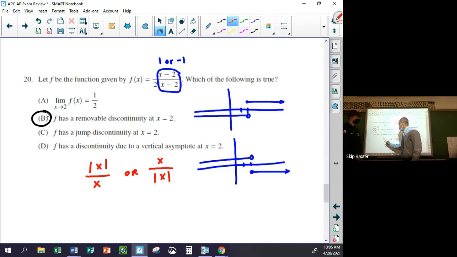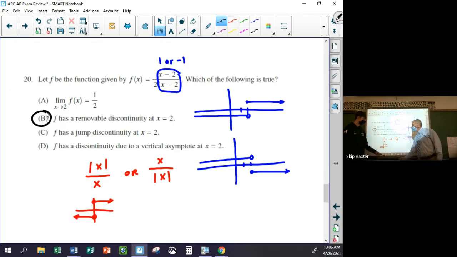It's a piecewise function. They both look like that, right? So this is the same thing, but just shifted over 2 units. So it actually is this one here. Does everybody understand why?